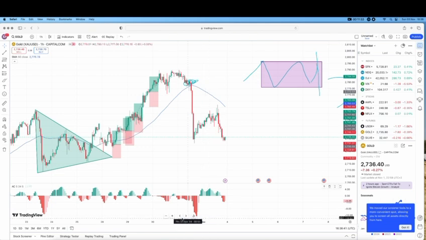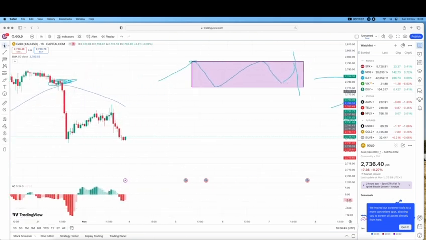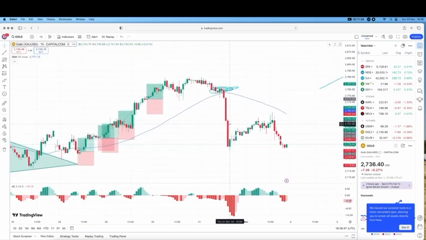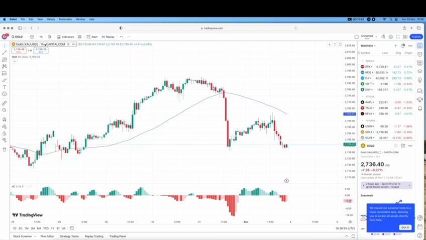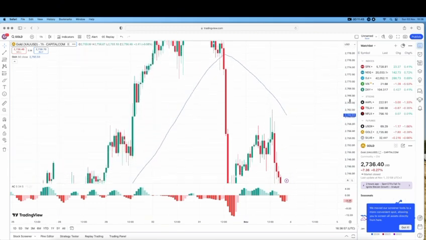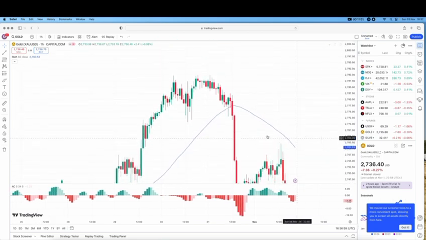Let's make another example. You can utilize this thing either on 15 minutes or even 5 minutes. Let me show you an example when we're utilizing it on 5 minutes or on 1 hour. Here's the triangle where we can say this is what has been happening this past week.